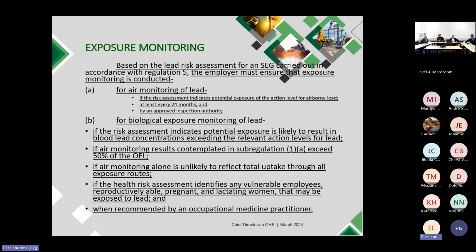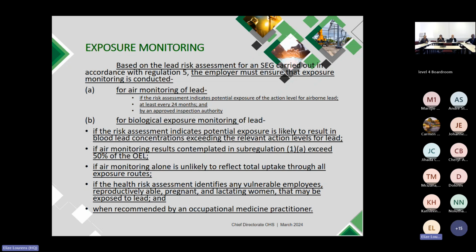We're then moving on to B for biological exposure monitoring. If the risk assessment indicates potential exposure is likely to result in blood lead concentrations exceeding the relevant action level for lead. So remember there is a definition now for the action level for lead. And if air monitoring results contemplated in A exceed 50% of the OEL, then we would want to see biological monitoring being triggered. Also if air monitoring alone is unlikely to reflect total uptake through all exposure routes.